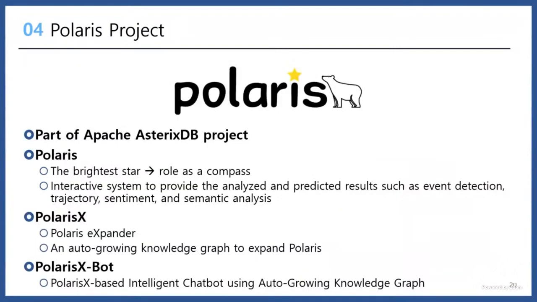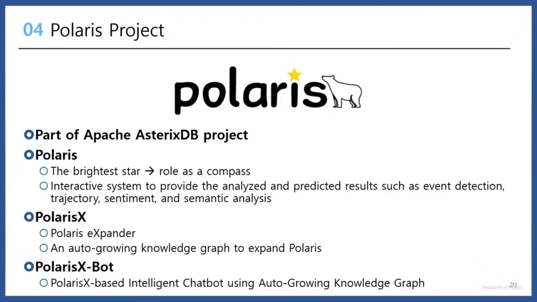The Polaris project is part of the Apache AstroDB project. Polaris is the brightest star in the north of the compass. It's an interactive system to provide, analyze, and predict results, such as event detection, trajectory, sentiment, and semantic analysis.